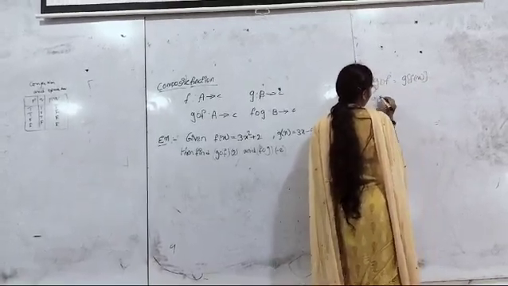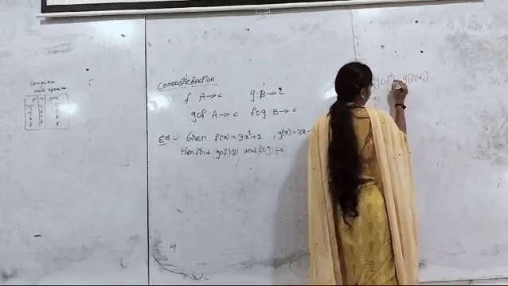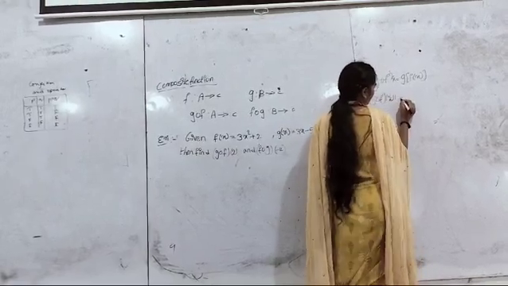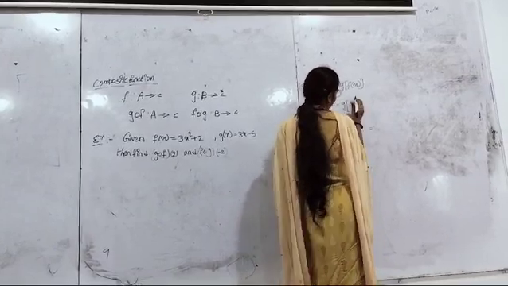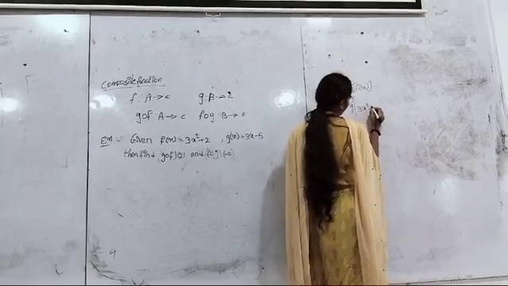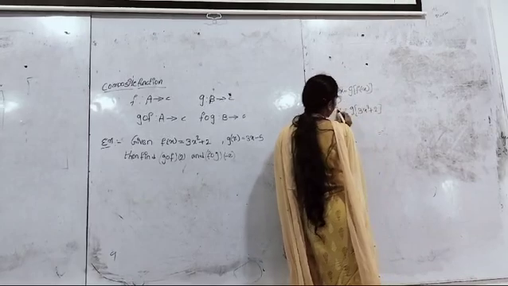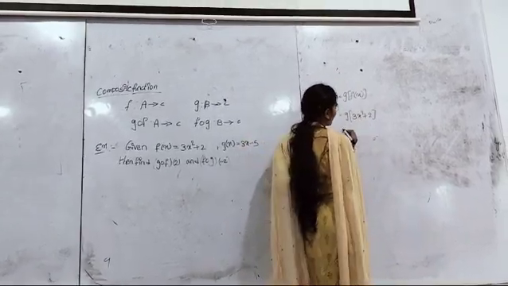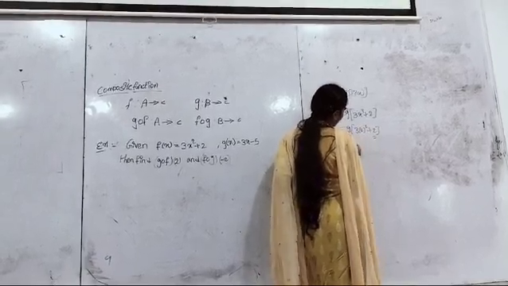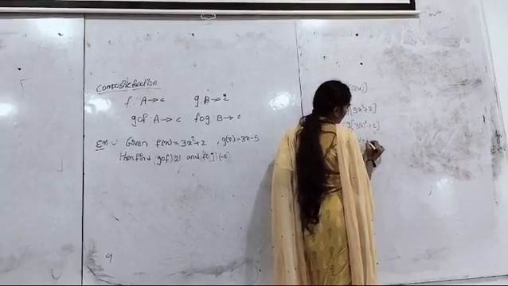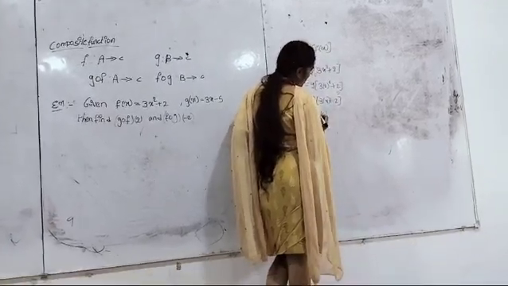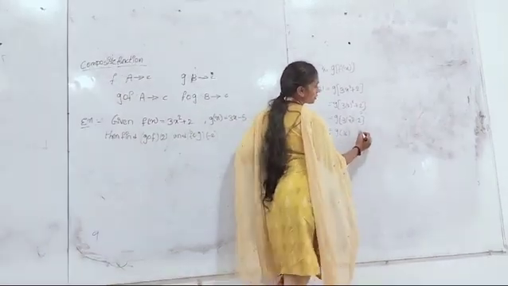So g of f of 2 is g of 3x square plus 2. x value is 2, so we substitute in x. So g of 3 into 2 square plus 2, g of 3 into 4 plus 2, which is 14. So 14 comes as the input to g of x.